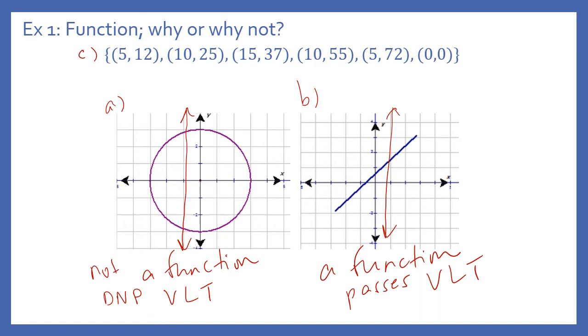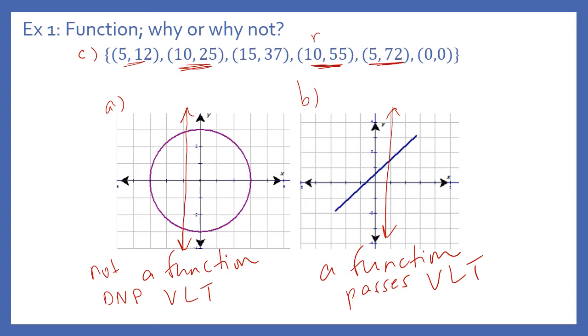If you go through each of our coordinates, 5, 12, and if I look at this one right here and this one right here, 5, 12 and 5, 72, my x's repeat. Already we know it's not a function. We actually have another set of repeating points, 10, 25 and 10, 55. The x coordinates repeat with the tens, just another example of why it's not a function.